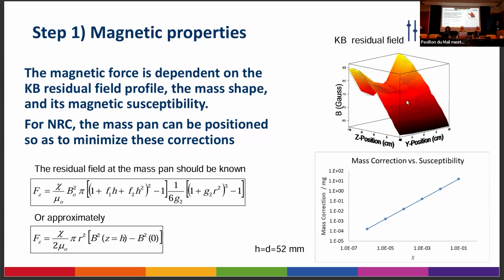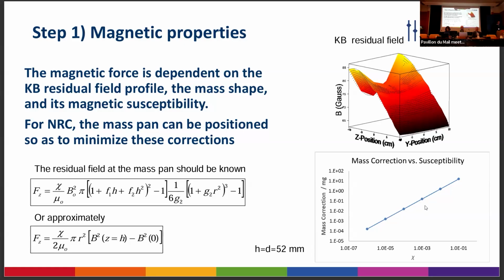Because our field has a sort of parabolic shape, we can find a minimum position. We can adjust the height of the pan to the position where the gradient is very, very low between the top and the bottom of the mass. But where you start and where you end will depend on the height of the mass. We've taken one in the area we want to use, and then we make adjustments depending on the actual heights of the mass.